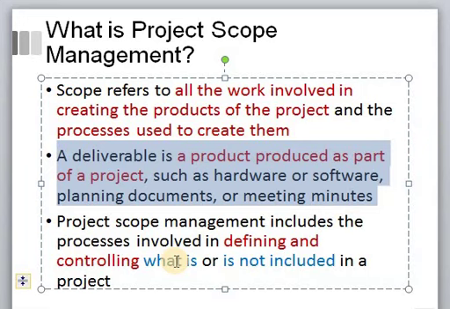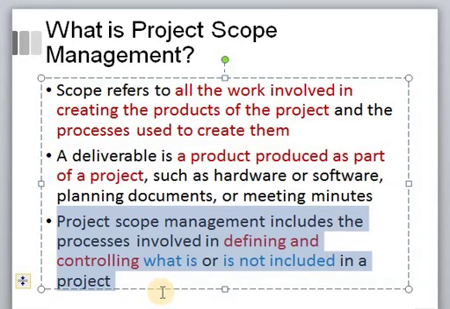That can be some hardware, some software, a planning document or meeting minutes. A deliverable is an essential part of a project that you will prepare in order to meet some important objectives.